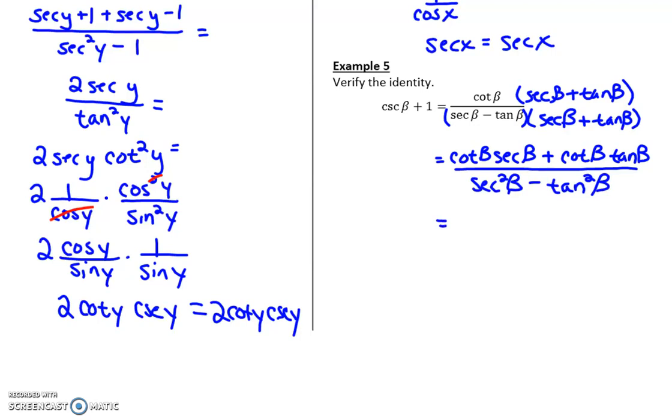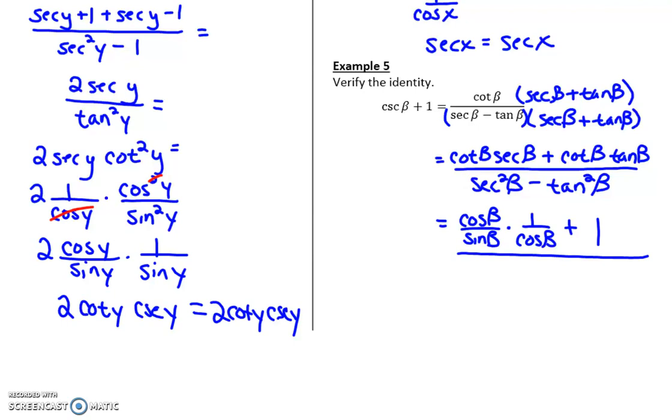All right, and then we can turn everything into terms of sine and cosine. That might make it a little bit easier. So cotangent is cosine of beta over sine of beta, and that's getting multiplied by 1 over cosine of beta. So there's my whole numerator. And then remember that cotangent times tangent is just 1.